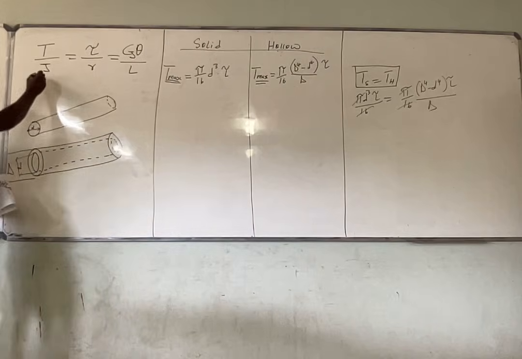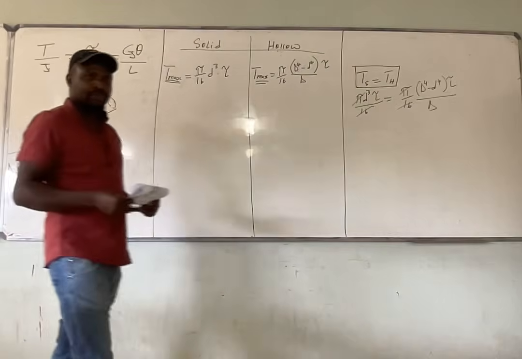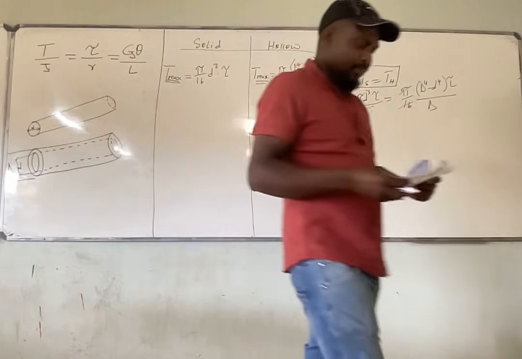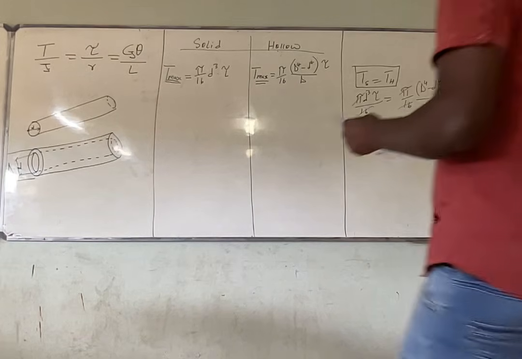Now, let us check the J. What does J stand for? Polar moment of inertia. So the same applies.